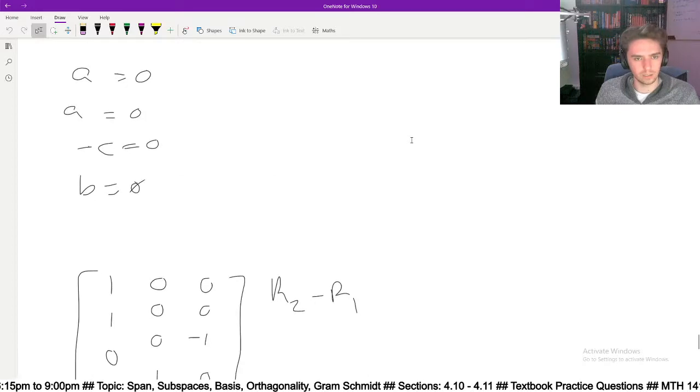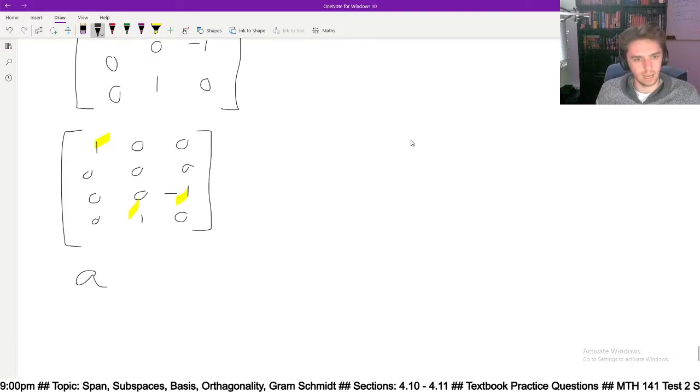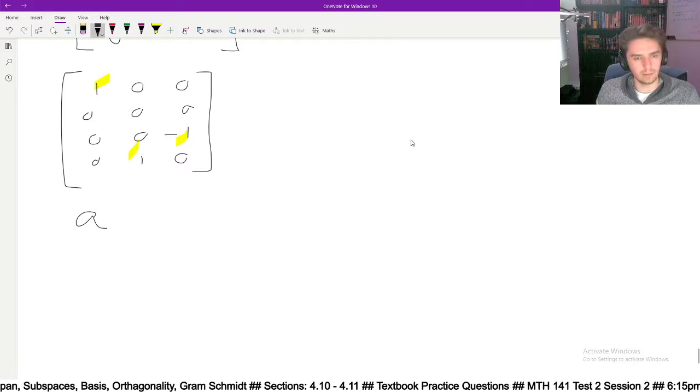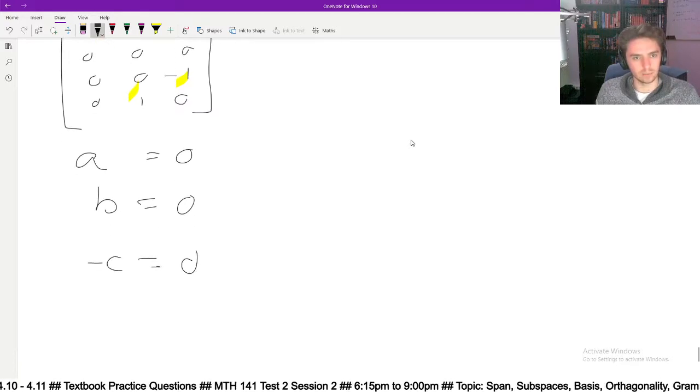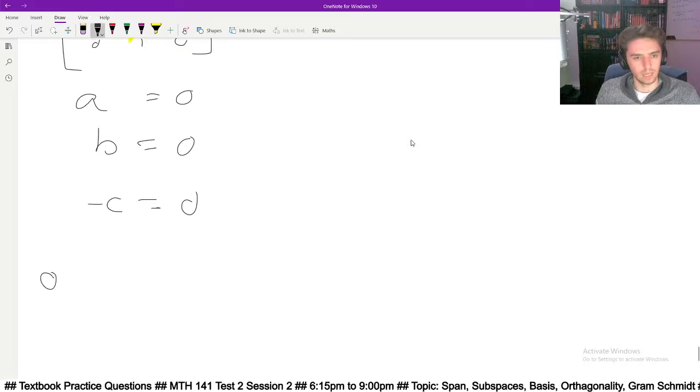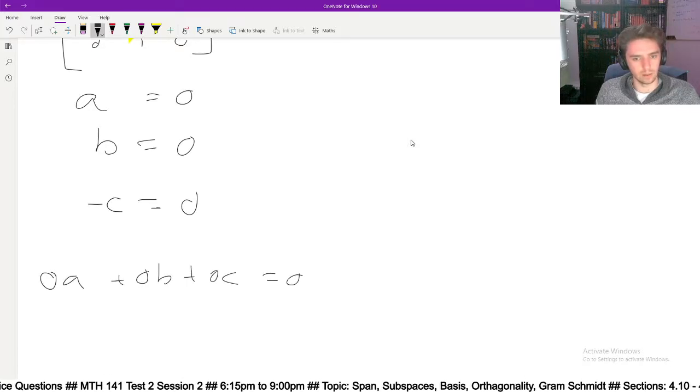All our answers are... It's just saying A... Yeah, I see I don't have the right order, but it's pretty much the same thing. We're just saying A equals 0, right? So that's from this. Then from this, I'm saying B equals 0. And here I'm saying negative C equals 0. And here I'm saying 0A plus 0B plus 0C equals 0 on that last line.